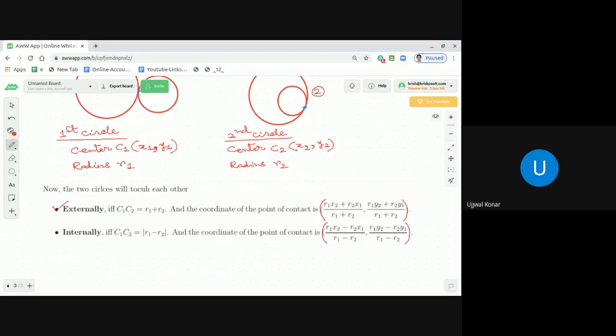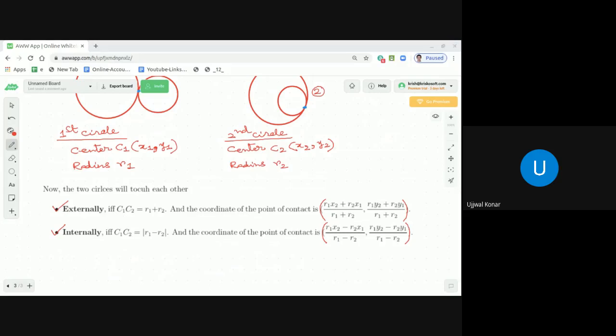They touch each other internally if the distance between the centers is equal to the non-negative difference of their radii, that is, C1C2 equals mod of r1 minus r2, and the coordinates of the point of contact will be (r1x2 minus r2x1) divided by (r1 minus r2) and (r1y2 minus r2y1) divided by (r1 minus r2). That is their point of contact when the two circles touch each other internally.